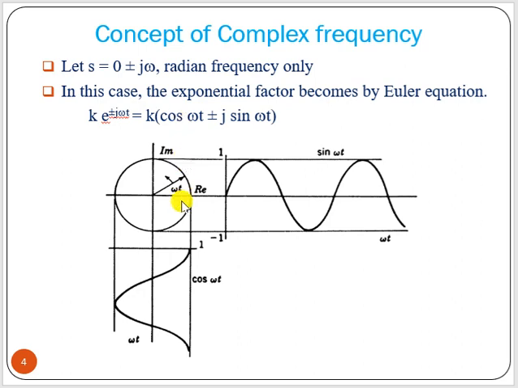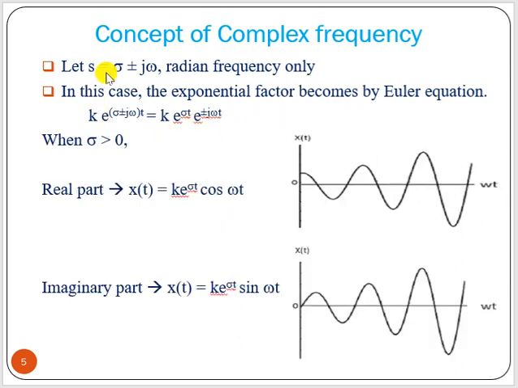So the real part, at this point, has value 1, and this curve is nothing but the cosine curve which starts from 1. Cosine 0 is 1, the angle is 0 here. When the angle is 0, the imaginary part value is also 0, so it starts from here and goes on. So this is your cosine term and this is your sine term, according to the phasor diagram of this particular signal.